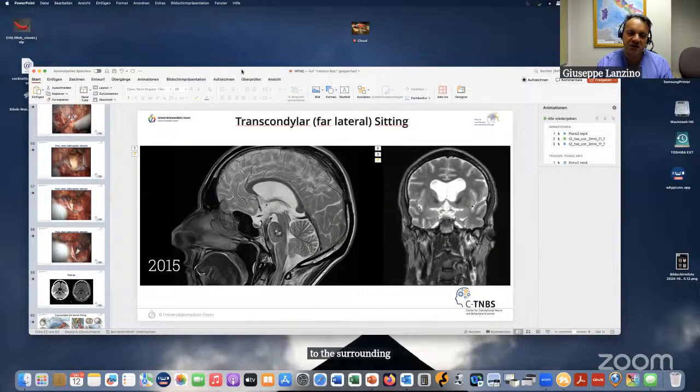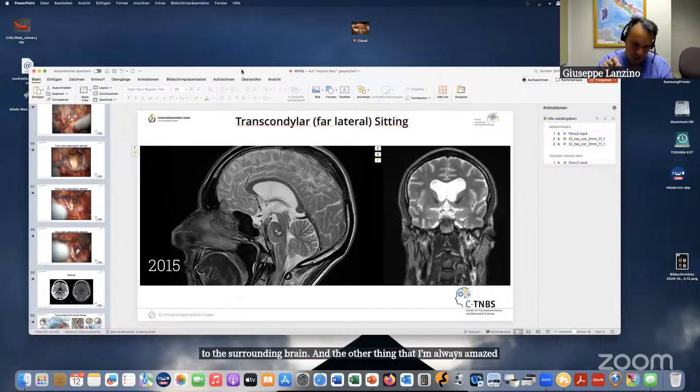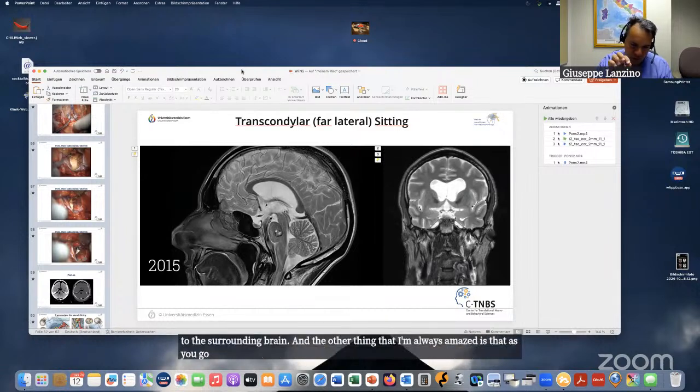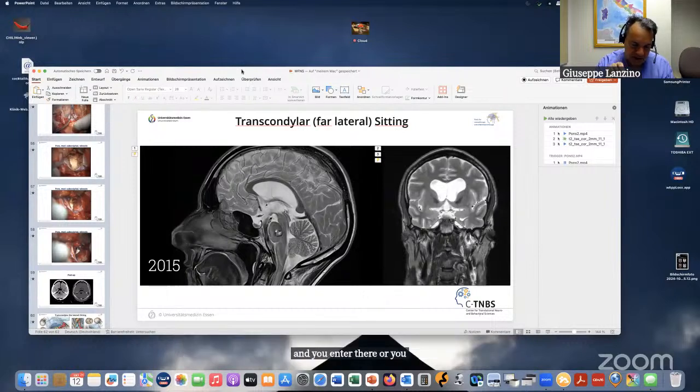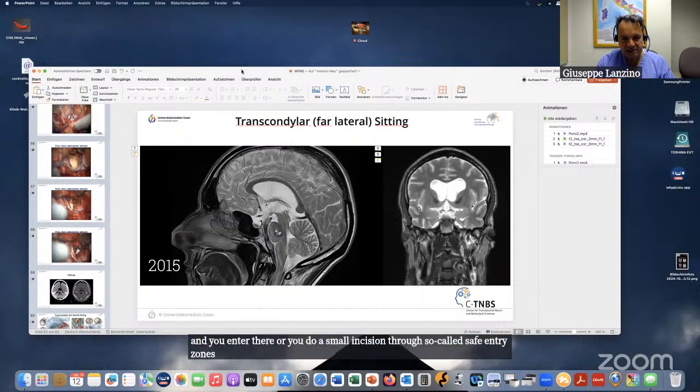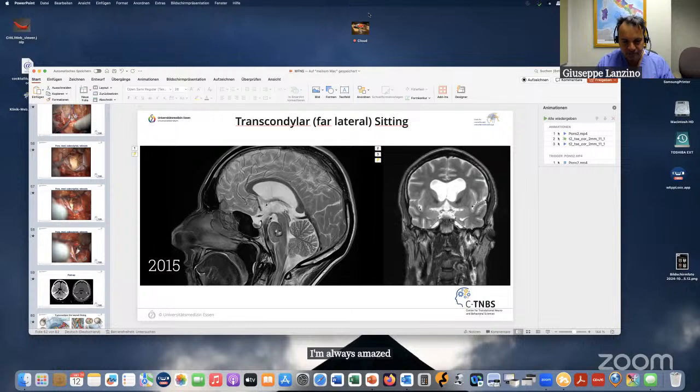And the other thing that I'm always amazed by is that as you go, you often see a small portion of the cavernous malformation come to the surface, and you enter there, or you do a small incision through so-called safe entry zones. I'm always amazed that as you proceed in the resection, your opening naturally enlarges.